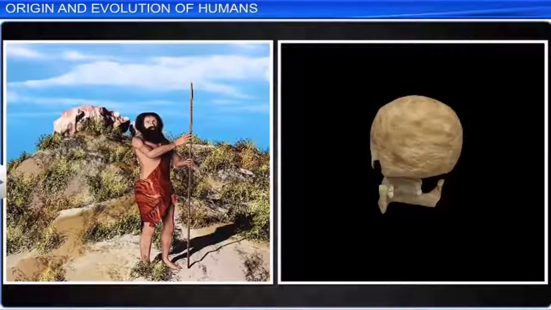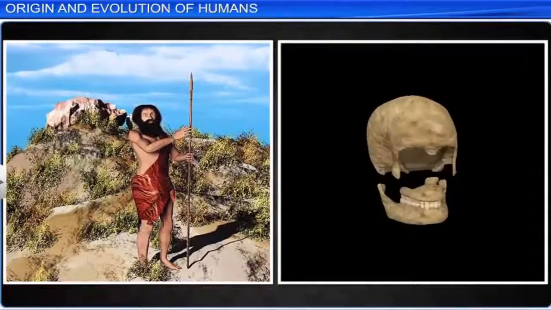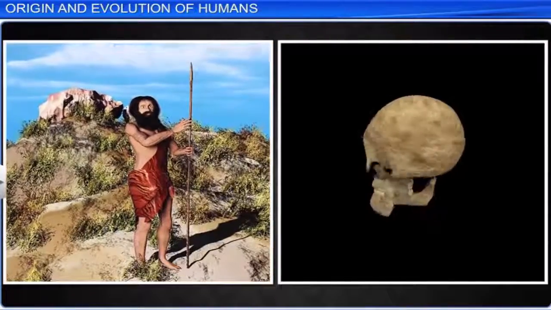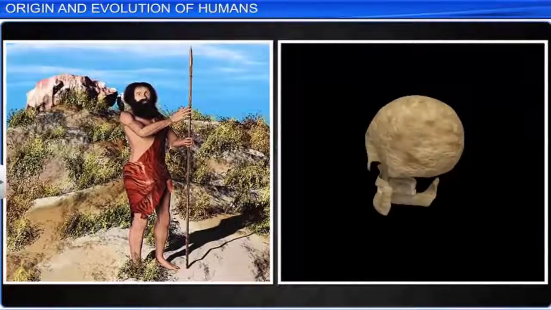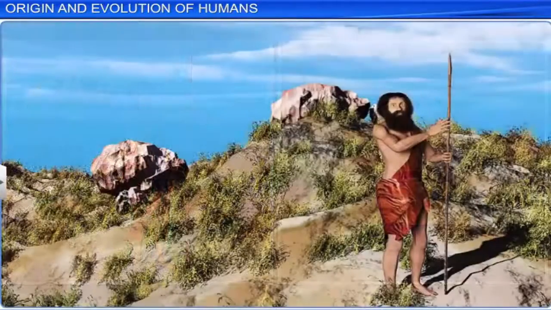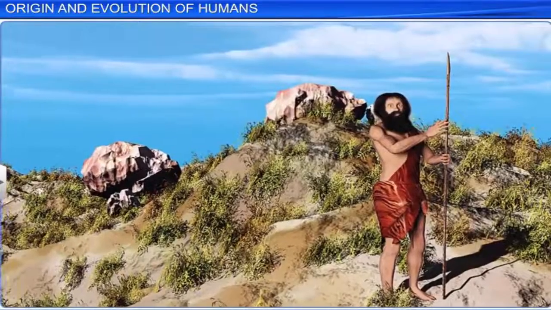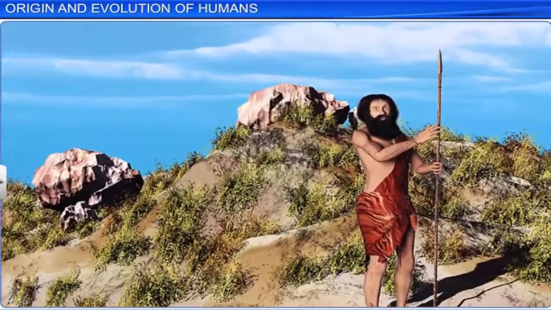The word Neanderthal is derived from the Neanderthal Valley in East Germany, where a Homo fossil was found in 1856. The Neanderthal man is supposed to be the primitive ancestor of the modern man.